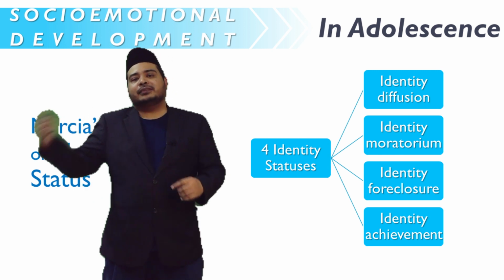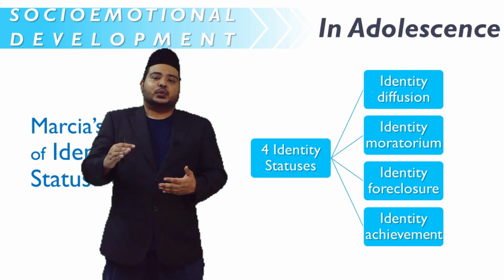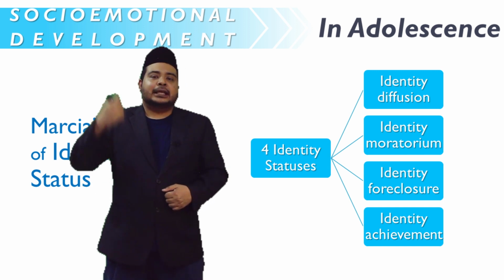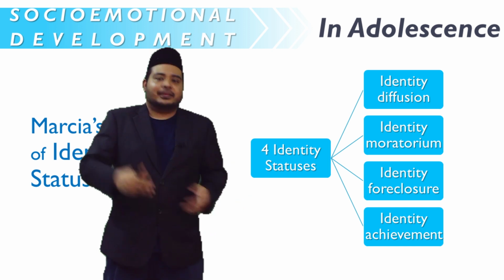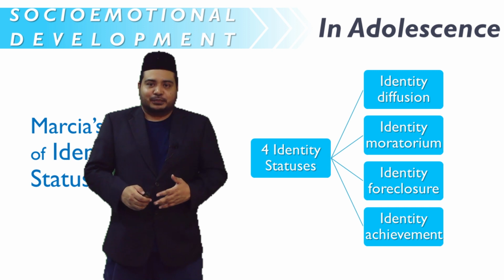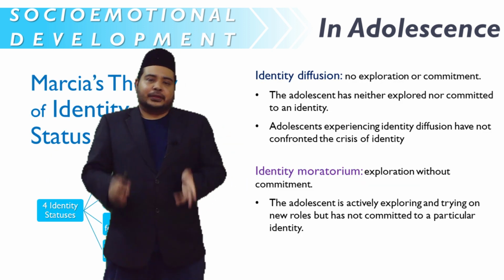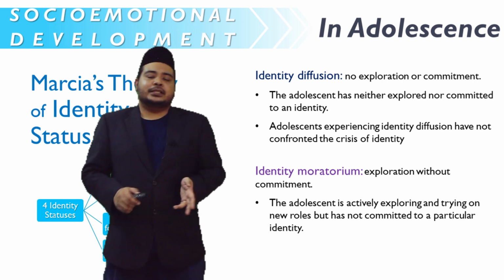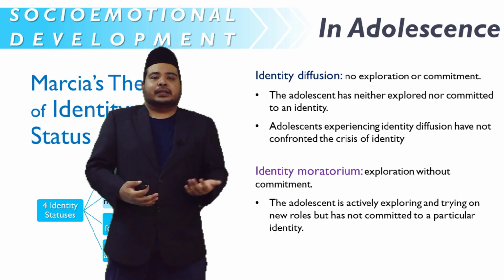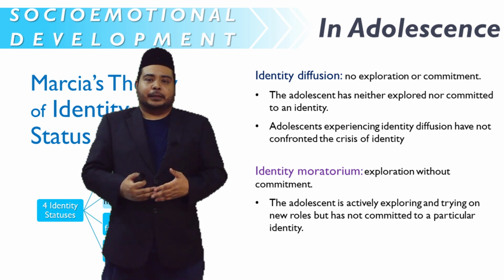When we want to establish our own identity, we will go through one of these statuses: identity diffusion, identity moratorium, identity foreclosure, and identity achievement. The first one is identity diffusion. What is identity diffusion? When people have this status of identity development, basically there is no exploration and no commitment.